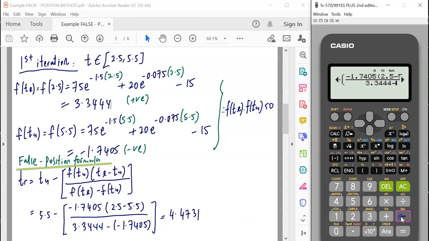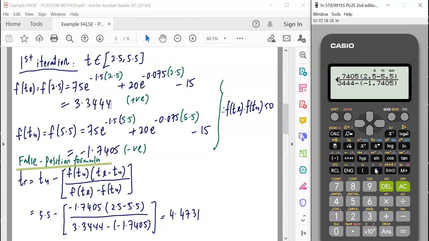And then you minus with the value for FTU. Since FTU is negative, you put it in bracket. So in bracket, negative 1.7405, and then you close bracket.